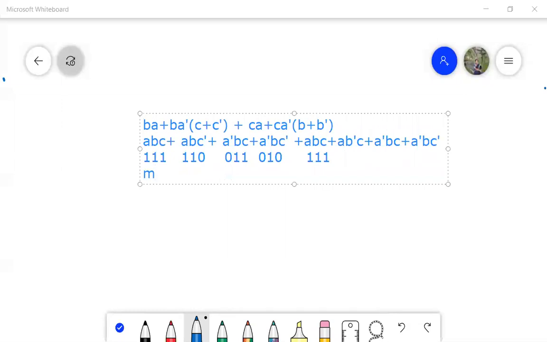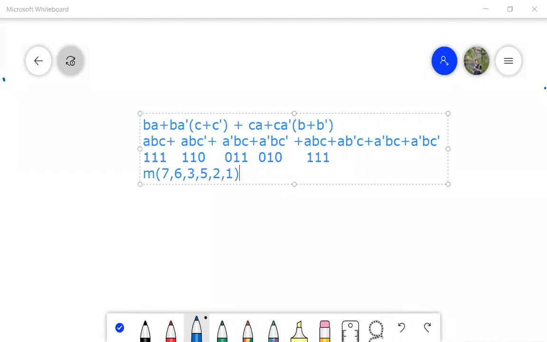That is the min term of, what did we get? 7, then I got 6, then 3, then 5, then 2, and I'll also get 1 if I keep it as it is.